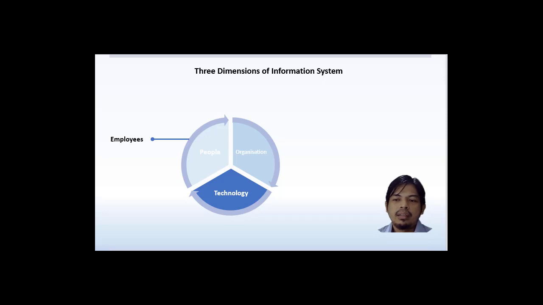Okay, another thing for this dimension is that in the business they have different levels of people or different skills of people, from the top management, middle, and other levels. And all of these levels of management need different types of systems. Okay, I take an example like a supermarket.